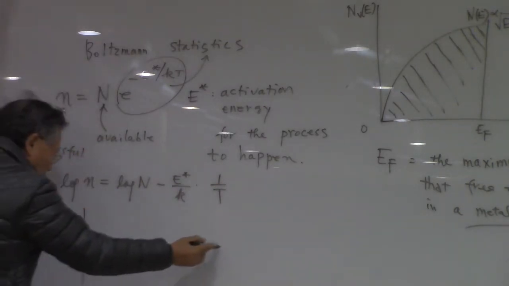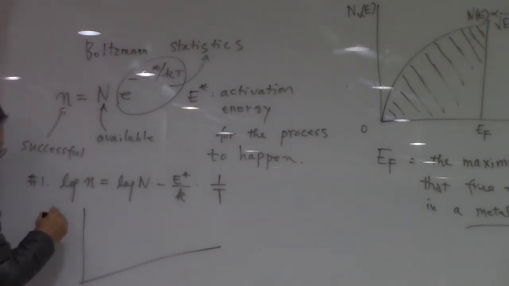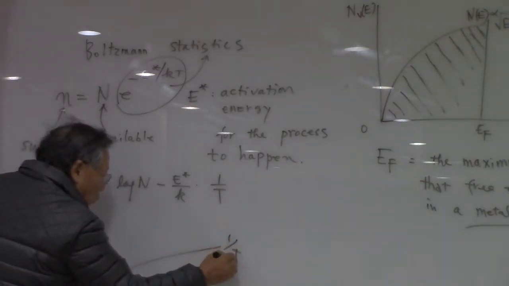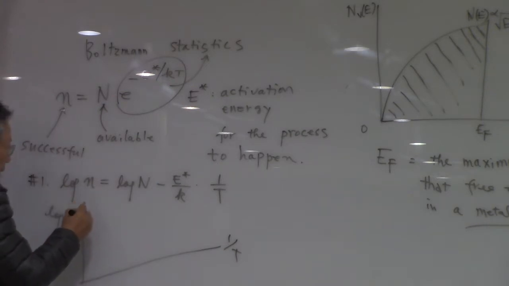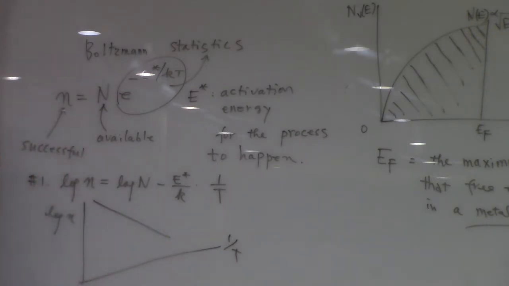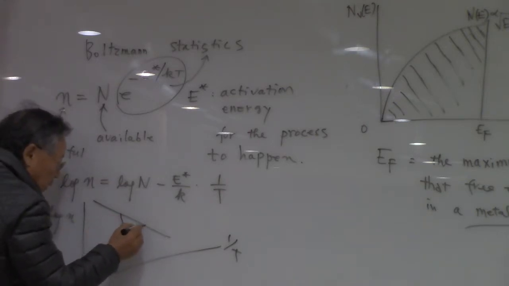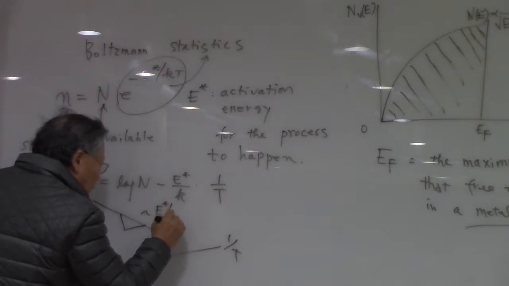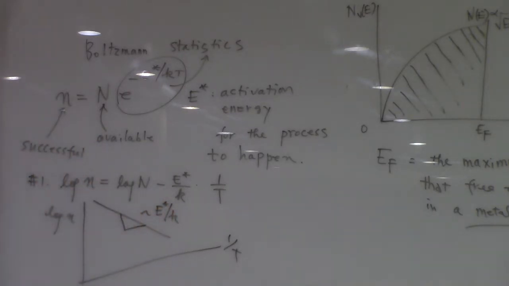So when you plot that log N, that is a successful number, and then plot 1 over T, the important thing is we're going to have a straight line, and this straight line corresponds to E star over K.